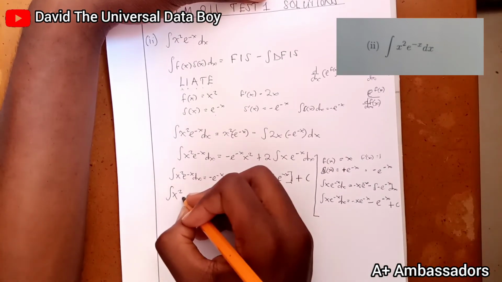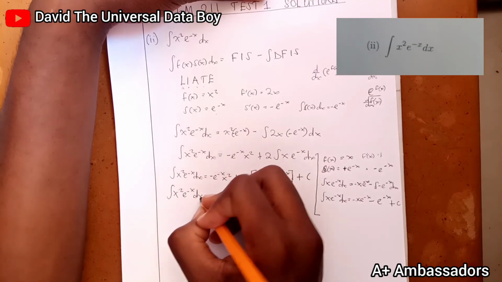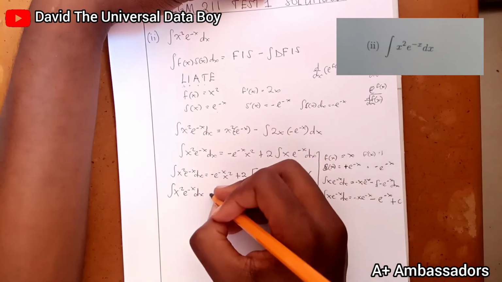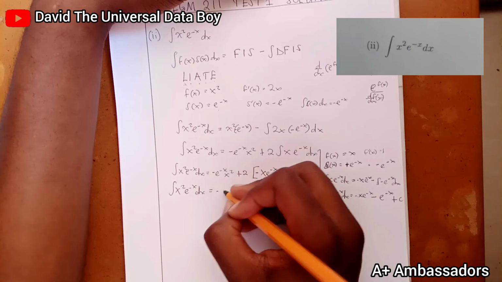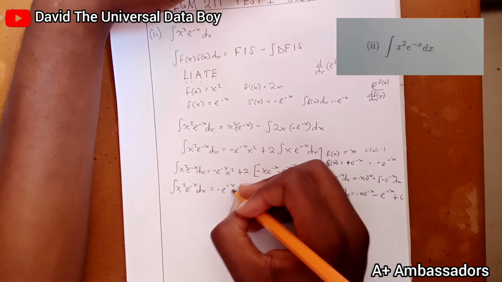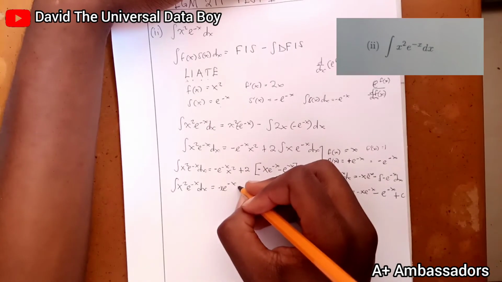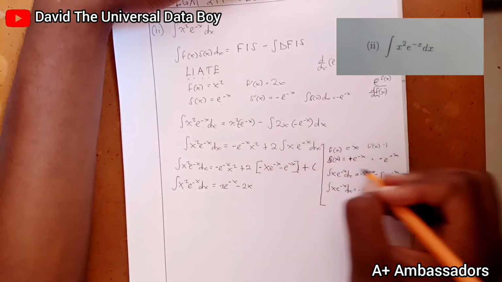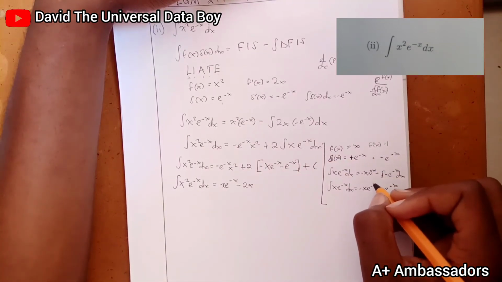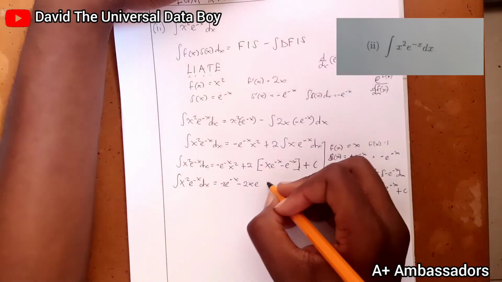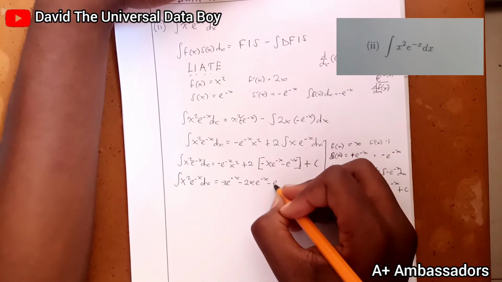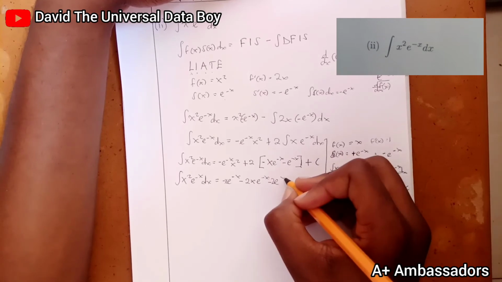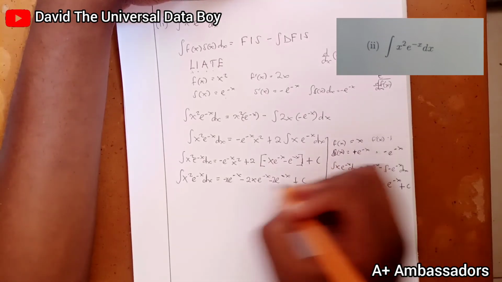So the integral of x squared e to the power negative x dx is simply negative x squared e to the power negative x, minus 2x e to the power negative x, minus 2e to the power negative x, plus c.